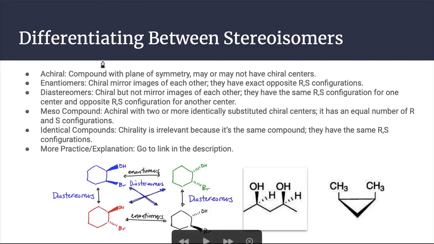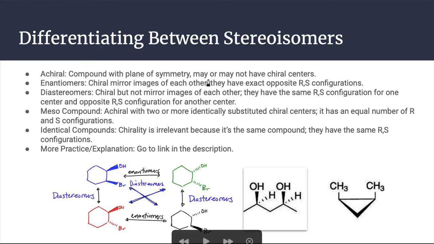So first off, we have an achiral compound, and I didn't mention its chirality because the definition itself says it's achiral. So I went ahead and said how to find it instead, which is if it has a plane of symmetry, which we've done with the letters earlier, like the letter A and the letter B. So see if you can find a plane of symmetry.